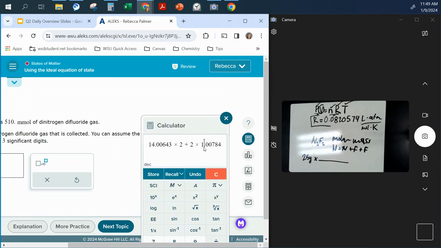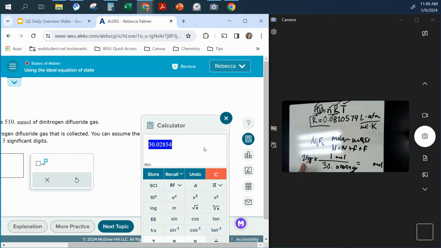So this is how many grams for 1 mole of this. For 1 mole. And so then we can find how many moles. So grams divided by molar mass gives you moles.